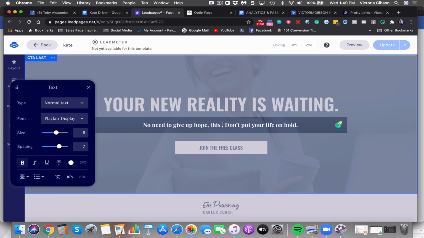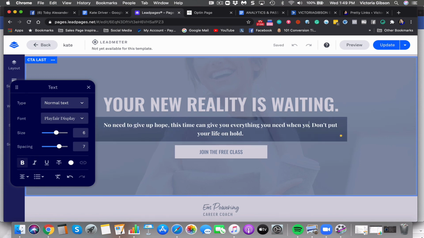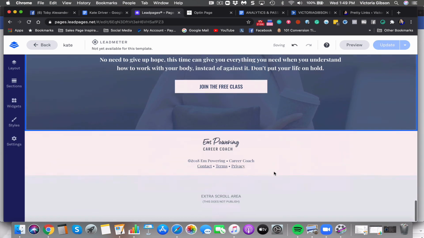This time can give you everything you need when you understand how to work with your body instead of against it. Right, there we go. And you should change all this kind of stuff and update this, right?